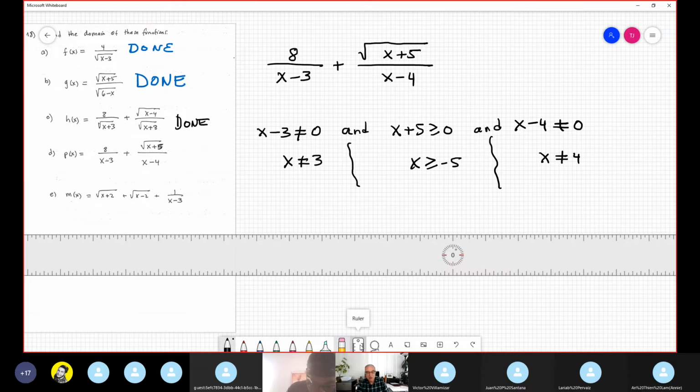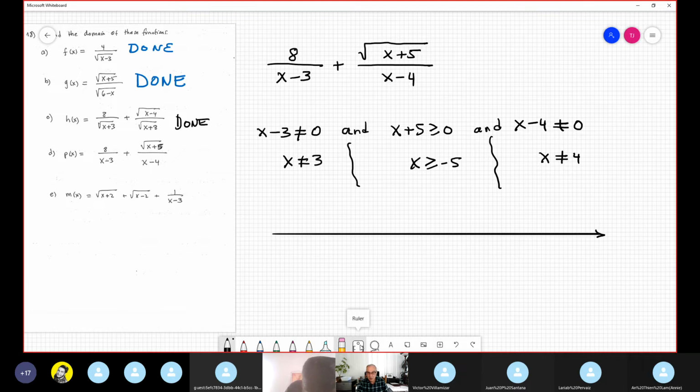That means in that specific value, 3 or 4, we have a hole. This is my number line. Look at that. The 0 here in the middle. 1, 2, 3, and at 3, we have a hole like that.